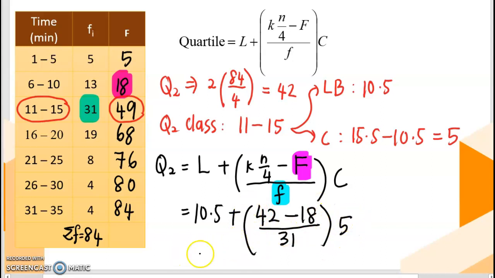So our Q2 equals 14.37. Please do remember, our Q2 is always equal to the median.